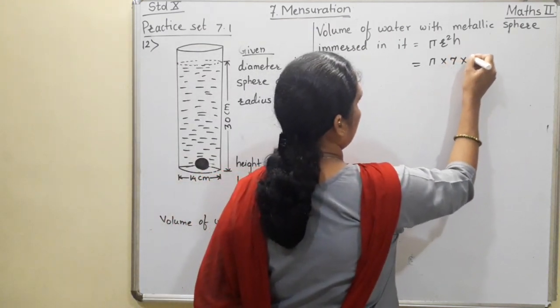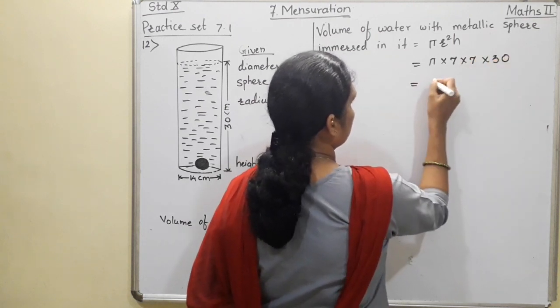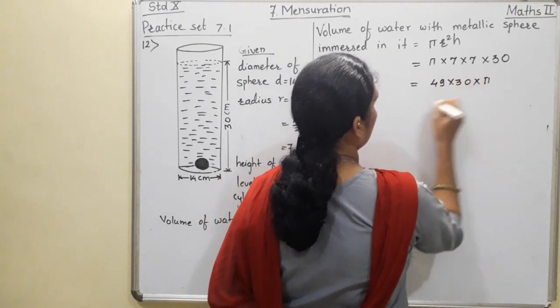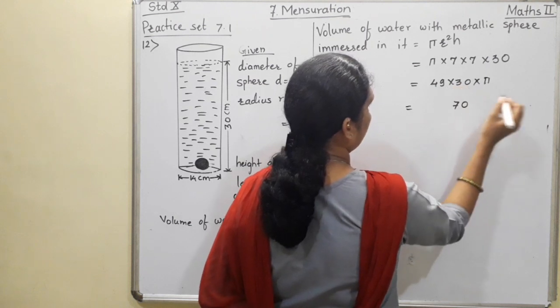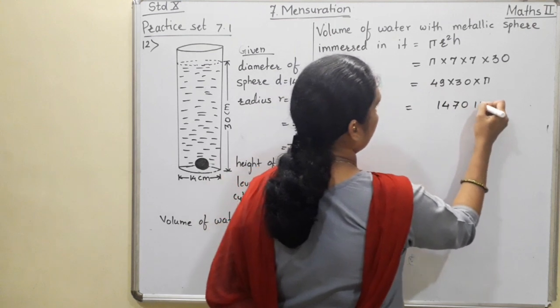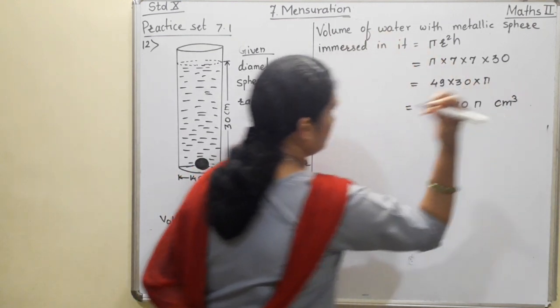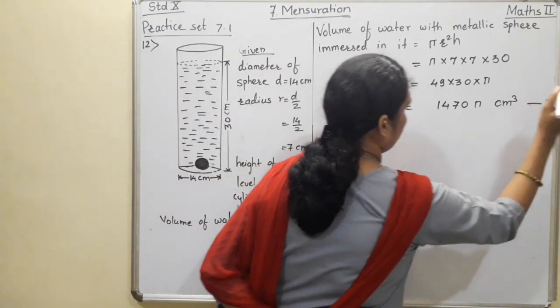So 7 into 7 into 30. 7 sevens are 49 into 30 into pi. So this multiplication gives 1470 pi. It is the volume, so this will come in centimeter cube. Now I'll write this as equation number 1.